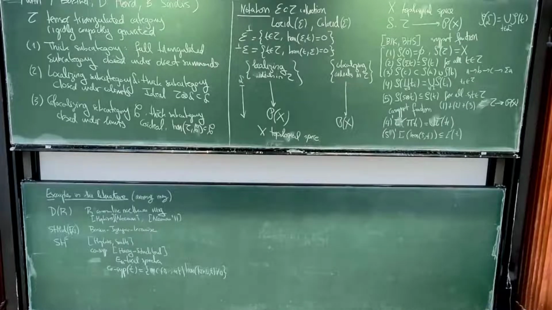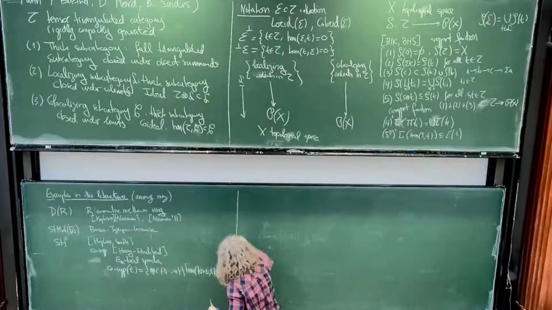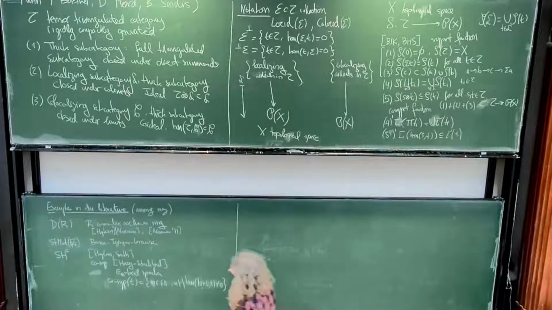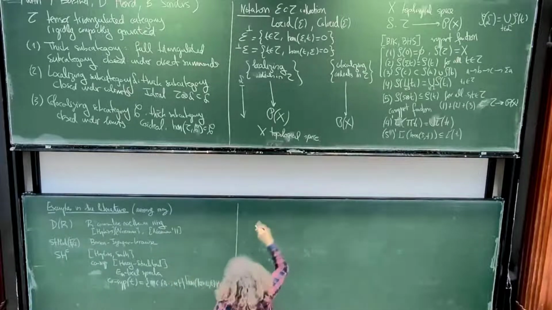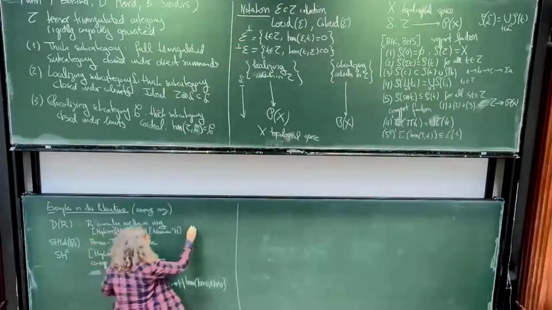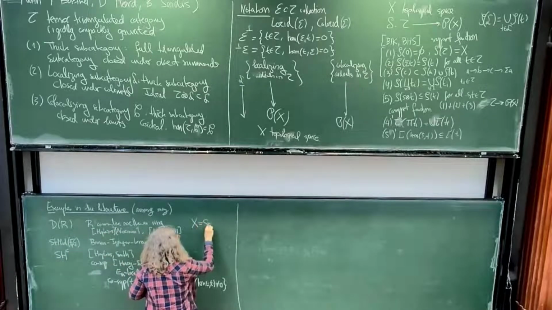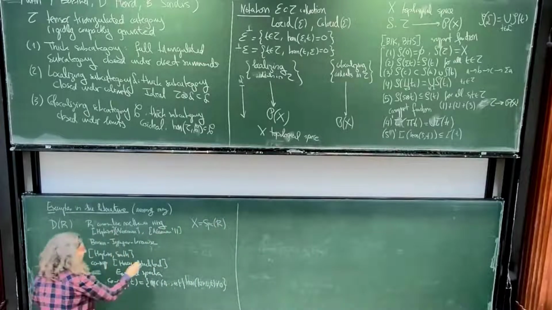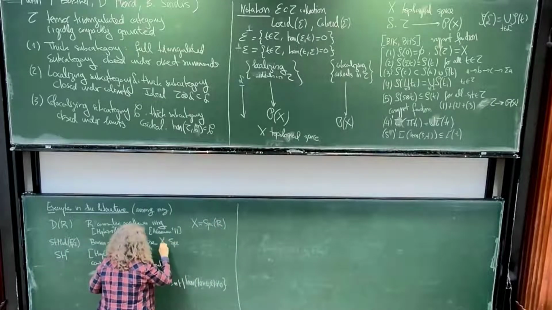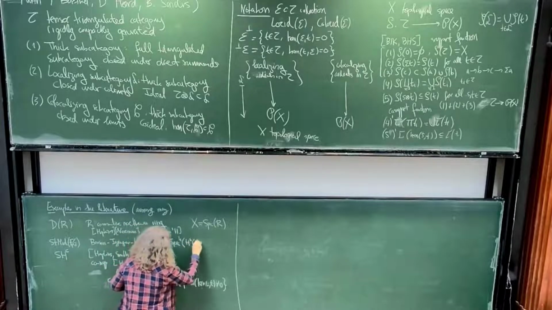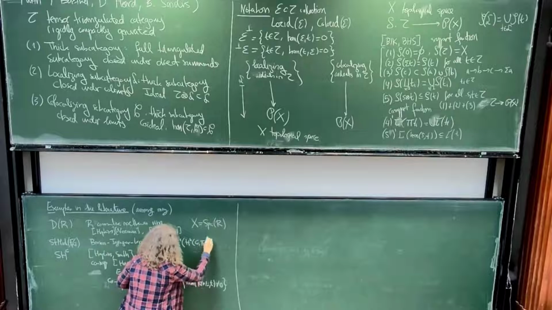But in all the cases the topological space X is different. Here you have the spectrum of the ring. Here X is the spectrum of prime ideals of the cohomology of the ring.